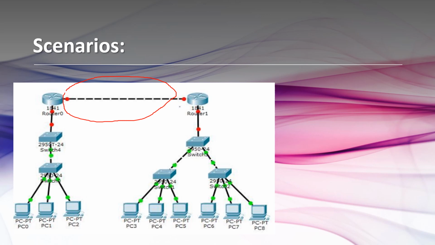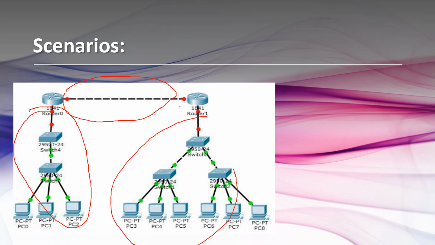This belongs to one broadcast domain, this entire thing belongs to one broadcast domain, and this entire thing belongs to one more. So in total we have 3 broadcast domains in this network. And for collision domains, in total we have 15. Let's see how it comes to 15.